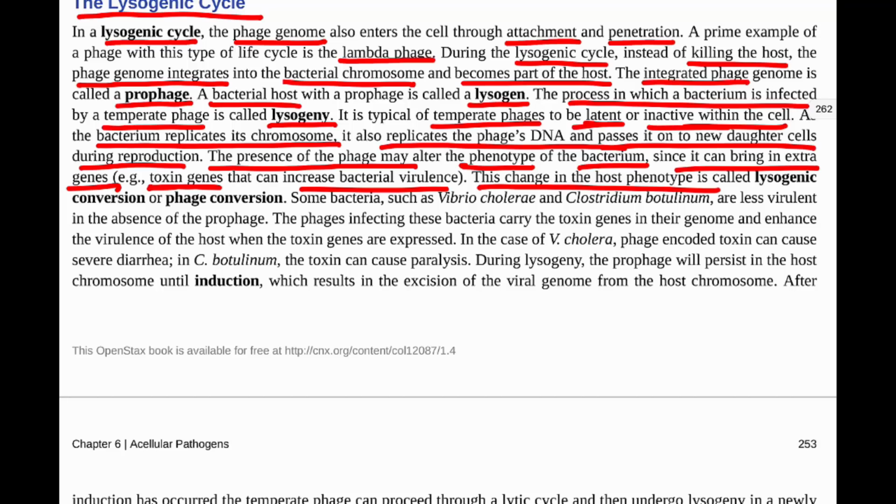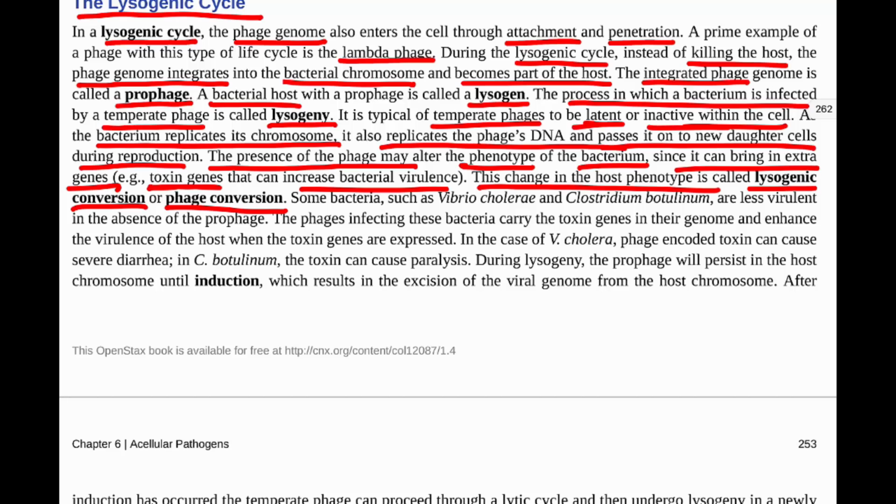When that happens, it's called lysogenic conversion or phage conversion. So we have had this change due to the fact that it has been infected by a temperate phage.